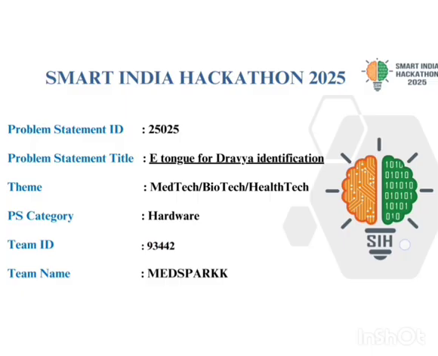We realize that for traditional knowledge to thrive in the modern world, it needs a scientific, objective, and scalable validation system. That's when we, Team MedSpark, came up with an idea: the AI powered e-tongue for Ayurvedic herb authentication. Our solution is a low cost hardware based e-tongue that uses a multi sensor array and advanced machine learning to mimic human taste buds.